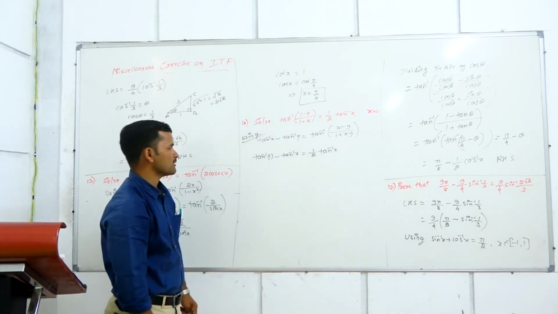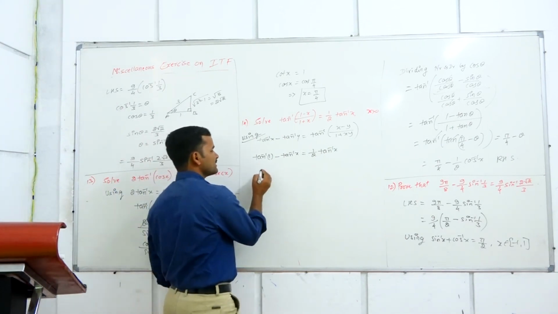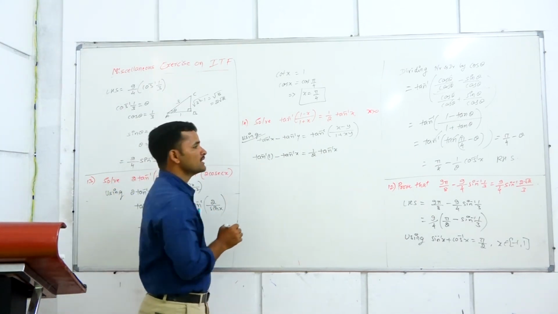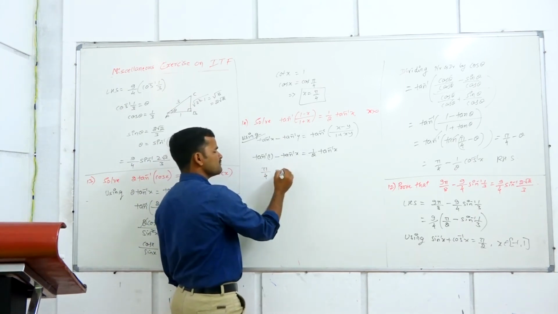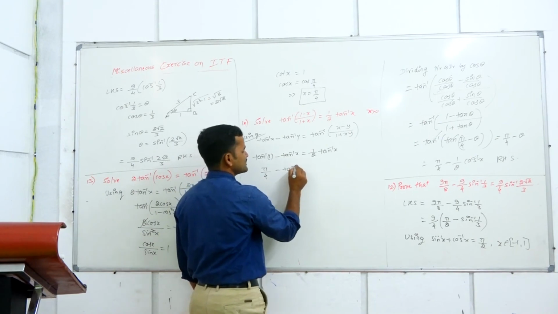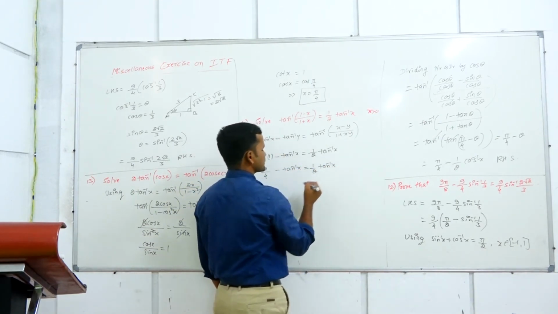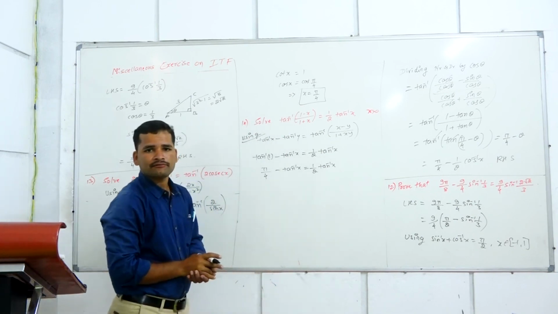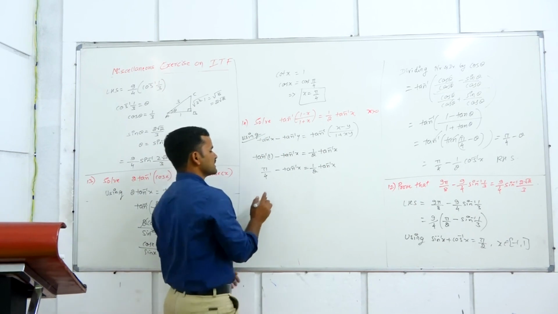It simplifies the problem. What is tan inverse of 1? Tan 45 degree is 1 here, so we will write this as pi by 4. Pi by 4 minus tan inverse of x is equal to 1 by 2 times tan inverse of x. We need to find x here, so take this tan inverse of x to the right hand side.